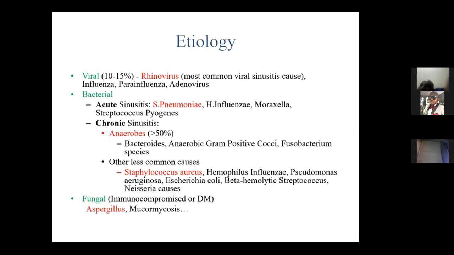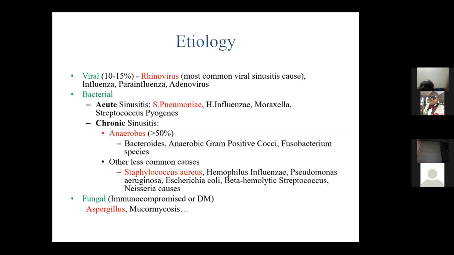The ones usually implicated in chronic sinusitis are the anaerobes, like we can see on our screen, the Bacteroides and Fusobacterium species. All of these are implicated in patients who come down with chronic rhinosinusitis.